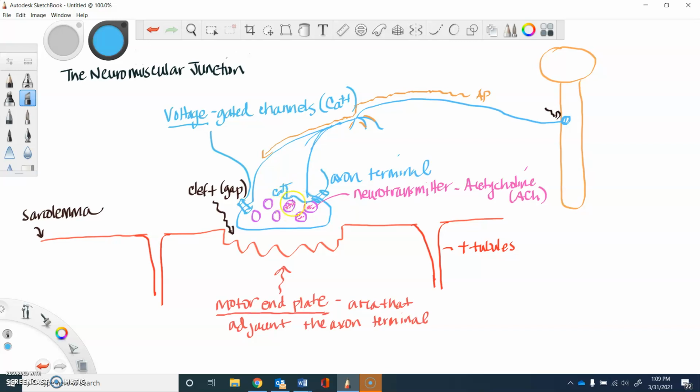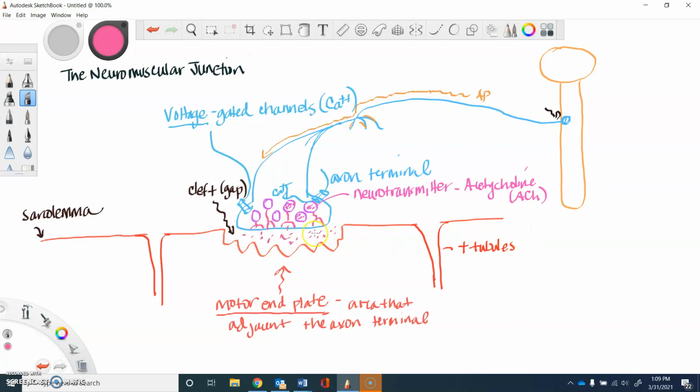That's what it does to these vesicles. So the calcium comes in, and the vesicles then come down and go through exocytosis on the membrane of the axon terminal here. And when they do that, the acetylcholine diffuses out into the cleft. So now we have acetylcholine there.